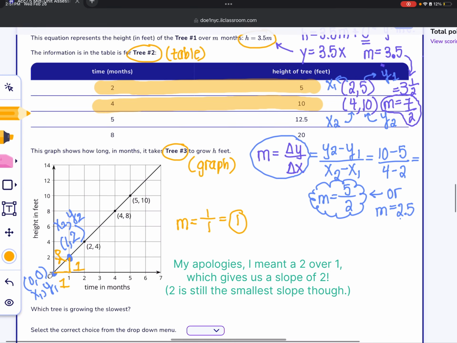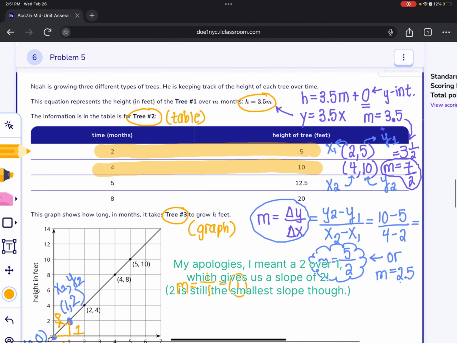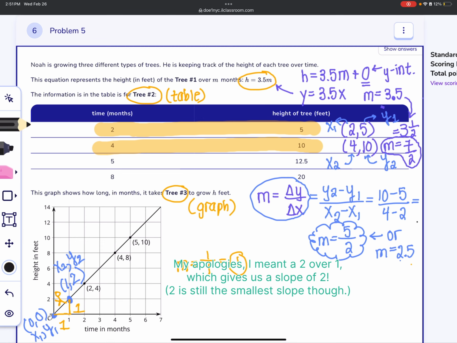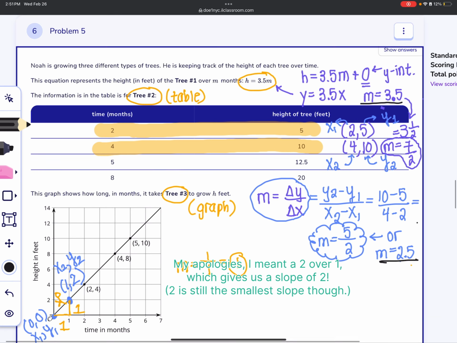So which tree is growing the slowest? Well, if I were to compare all 3 numbers, you can either look at the fraction here, or if it's easier for you in this case to look at the decimal, we're going to see which number is the smallest one.